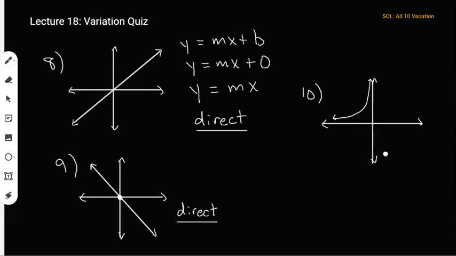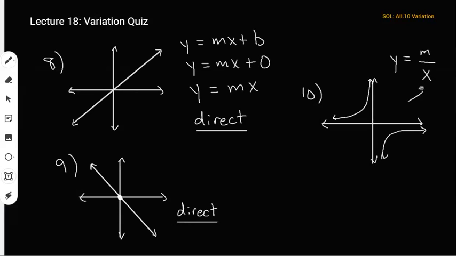And the next part of the graph is going to look like this. This is going to be the inverse because I'm going to have a number on top and I'm going to have x in the denominator.